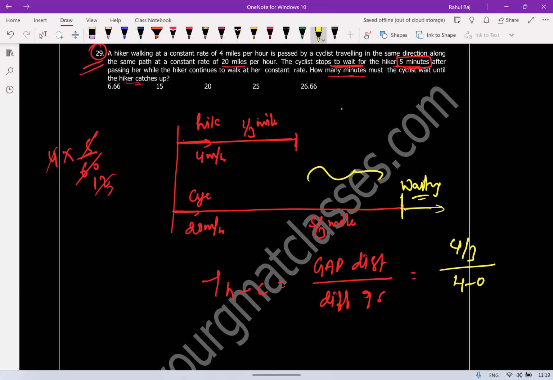The logic says that only if your speed is more will you be able to catch someone. If your speed is less, you can't catch someone. So here the cyclist is waiting for the hiker to reach. Understood? Any problem here? That's the reason I'm considering the cyclist's speed as 0. Difference of speed is this minus this. That's it.